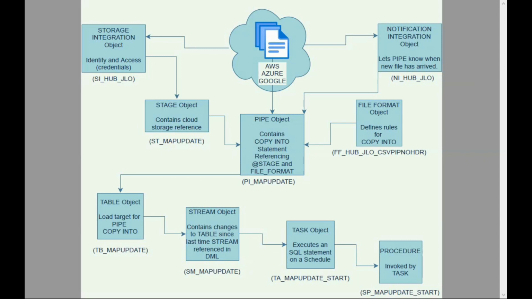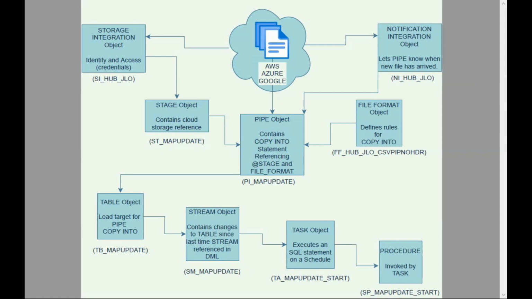It is a named external stage referencing a specific cloud storage area which will be processed by the Snowflake pipe. Once the stage object is created, the associated cloud storage area can be referenced via the stage object name preceded by an @ sign. In this case, @st mapUpdate.